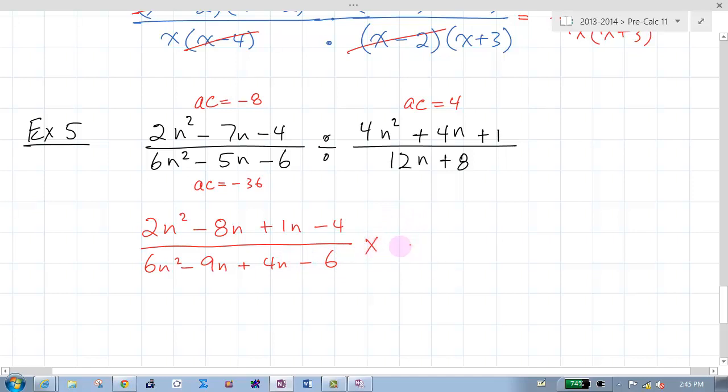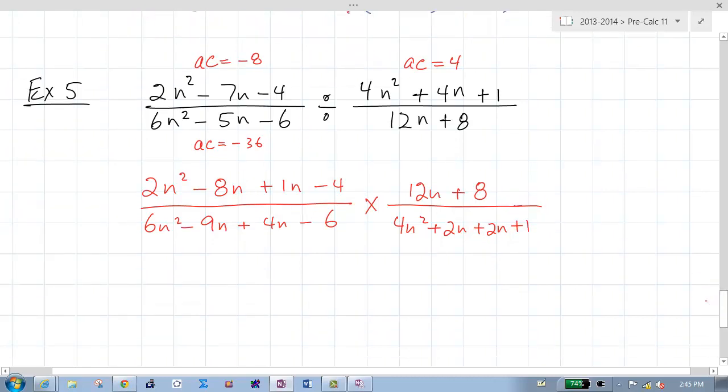I'm going to make this a multiply. I'm going to flip the second fraction. 12n plus 8. Do the same thing. Factors of 4 that add up to 4 becomes a 4n squared plus 2n plus 2n plus 1, right?